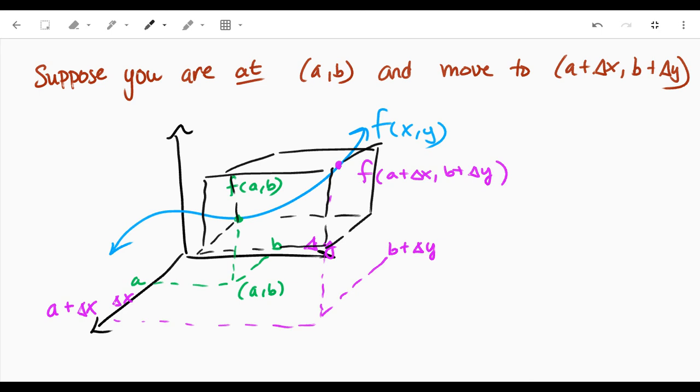Okay, so then the sides of that rectangular prism that I just drew, this side here would be delta y, this side here would be delta x, and then this side here would be delta z.